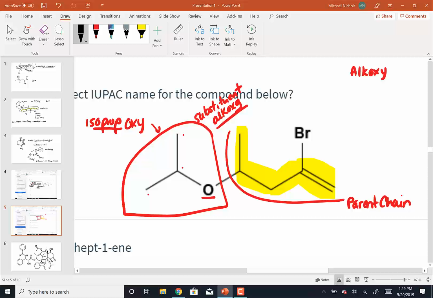So that's going to make this a pent. So longest continuous carbon chain with the double bond in it. Note that my isopropoxy group I circled, it's by itself. All right, number from the end closest to the double bond. 1, 2, 3, 4, 5.